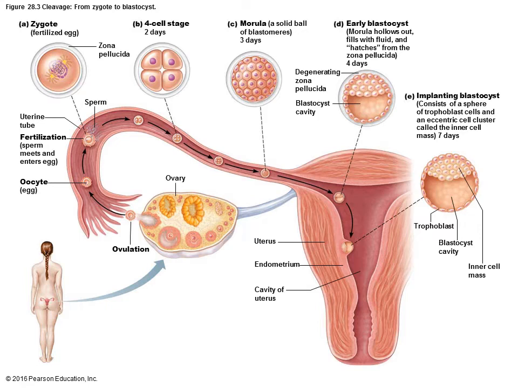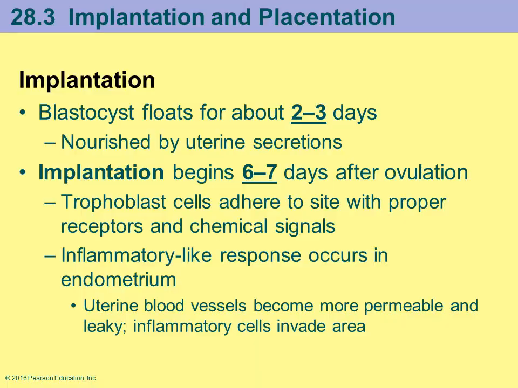After about 4 days, what we call the blastocyst at this point has entered the uterus and must implant on the uterine wall. This will usually occur a couple of days after entering the uterus. The endometrium has been prepared for the implantation to occur.